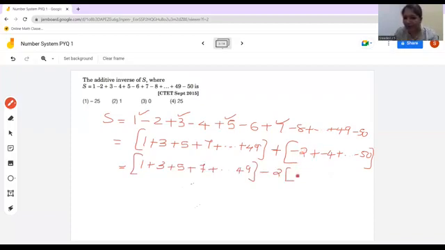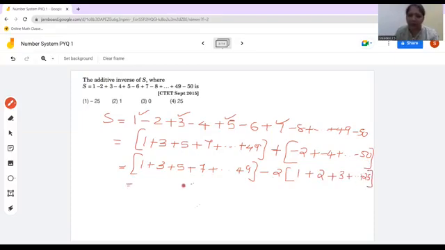Minus 2 by minus 2 is 1, plus minus 4 by minus 2 is 2, then minus 6 by minus 2 is 3, plus etc. up to minus 50 by minus 2, that is plus 25.